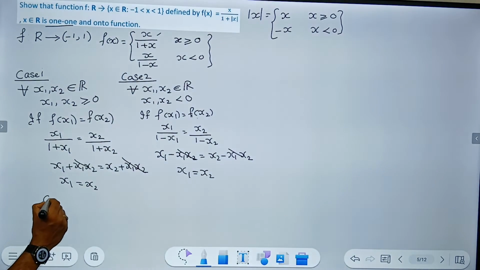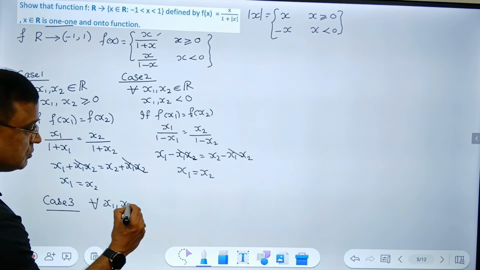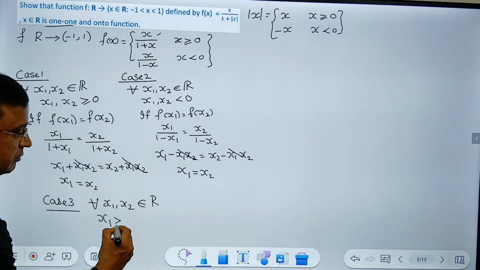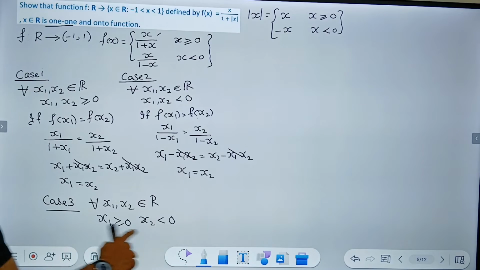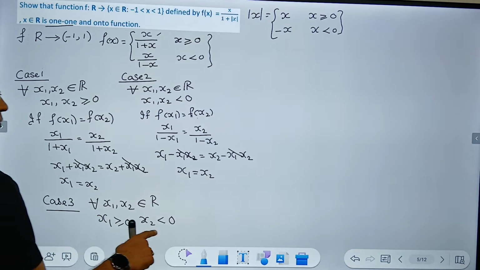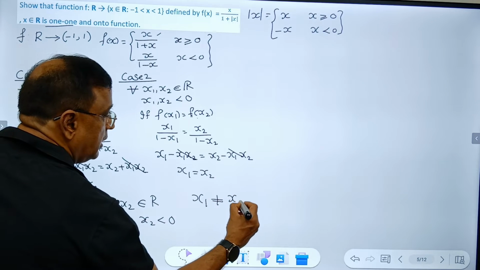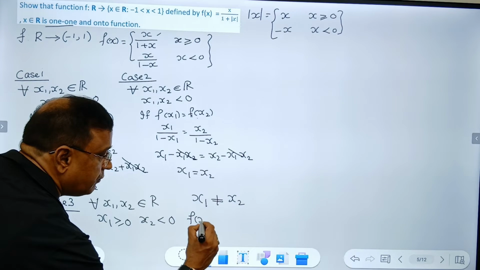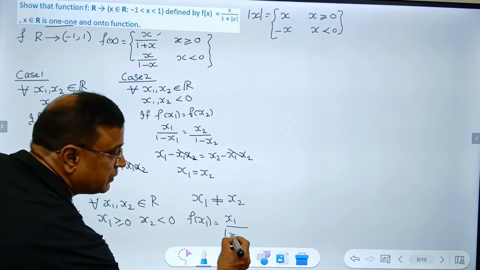Now what is case 3? Case 3 will be, suppose for x1 and x2 belonging to R, you take x1 positive and x2 negative. If you choose one positive and one negative number, obviously x1 cannot be equal to x2. Now what is f of x1? f of x1 is x1 by, since it is positive, 1 plus x1.